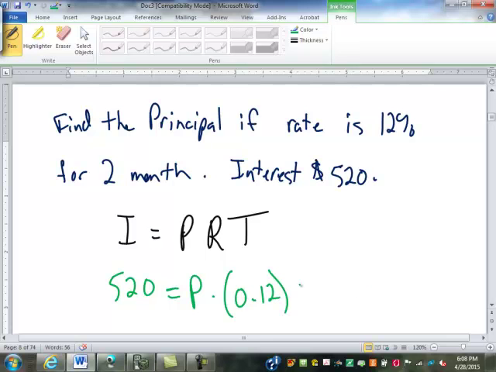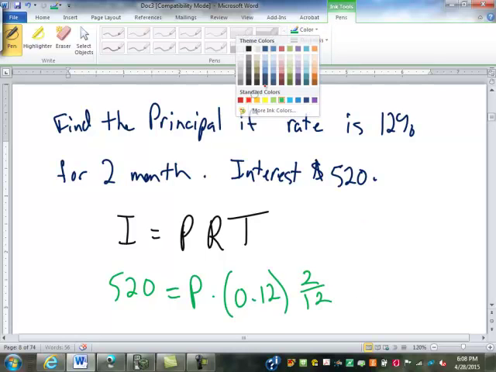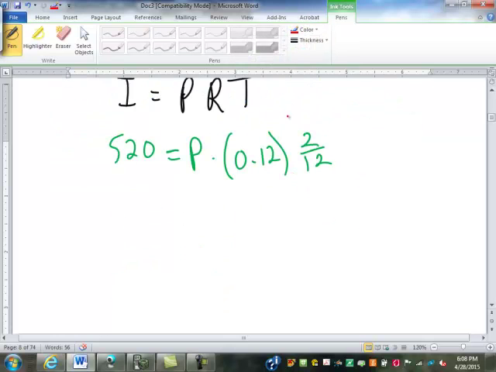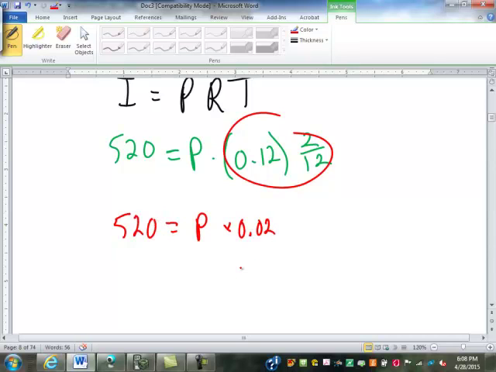So P times 0.12 times 2 over 12, right? So we're going to combine this. 520 equals P times 0.02. Then what? Divide by 0.02, correct?